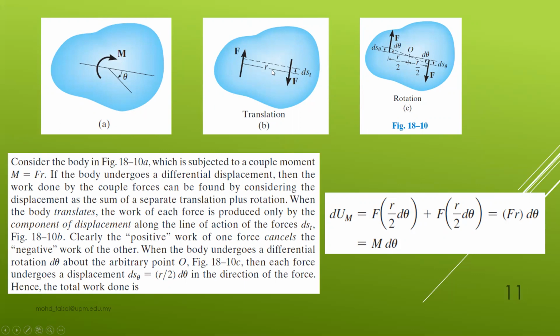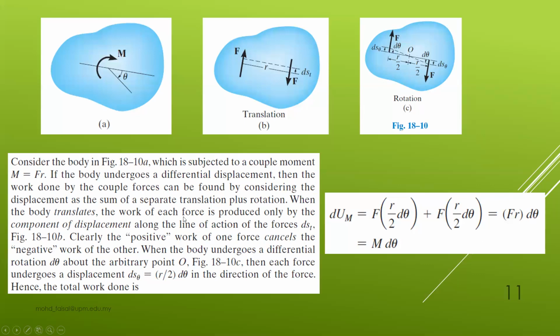Consider the body in this figure, where we have A, B, and C. First, we look at the first one, which is subjected to a couple moment M, which is equal to the force times r. If the body undergoes a differential displacement, then the work done by the couple forces can be found by considering the displacement as the sum of a separate translation plus rotation.